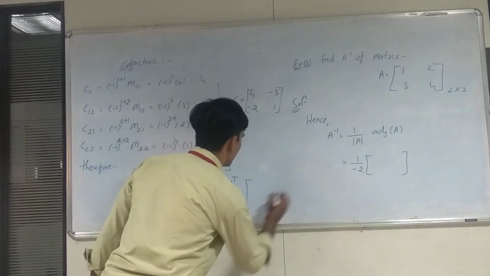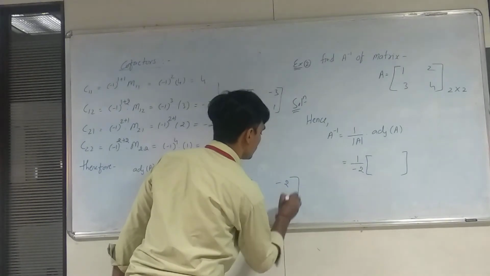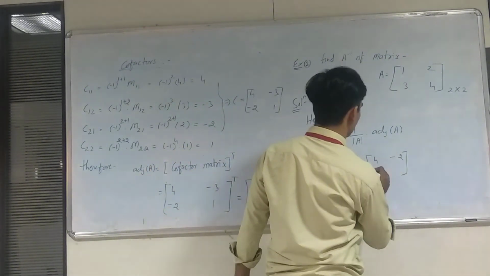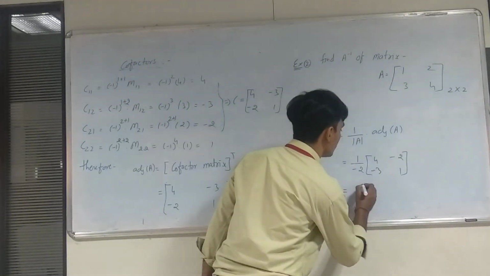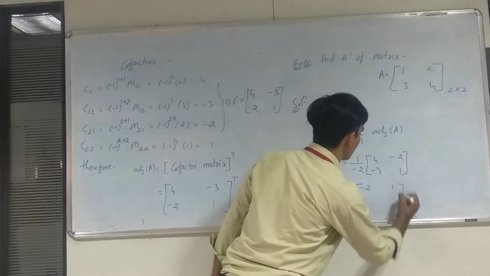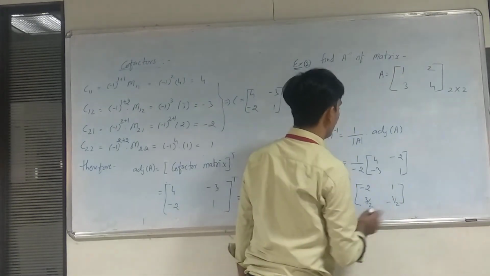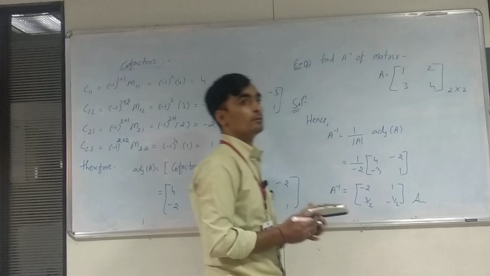So transpose you will get, 4 minus 3 minus 2 1, so it is 4 minus 2 minus 3 1. So this becomes minus 2 plus 1, 3 by 2 minus 1 by 2. This is your answer.